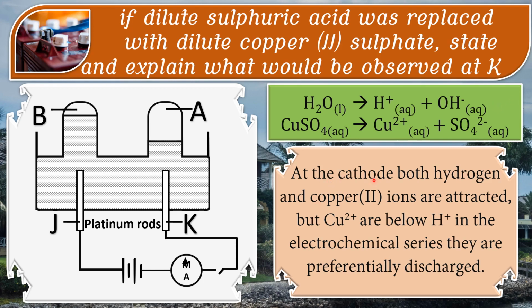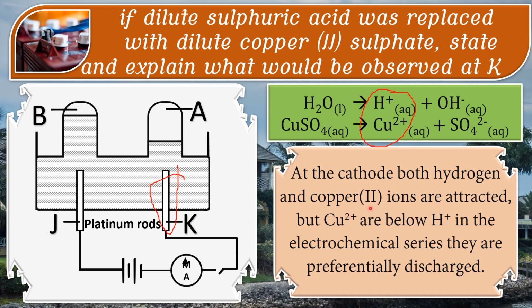So at the cathode, that is K, both hydrogen and copper 2 ions are going to be attracted, because they are positively charged and the cathode is negatively charged.